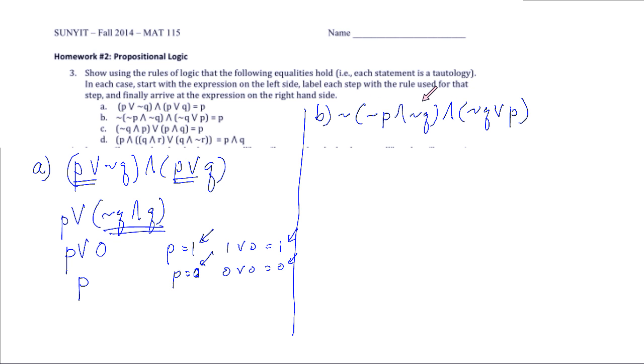I'm going to take this negation and move it in. And I'm going to double negate each of these, the P and the Q, and change the and into an or. And this is going to come out to be P or Q, and now the rest not Q or P.